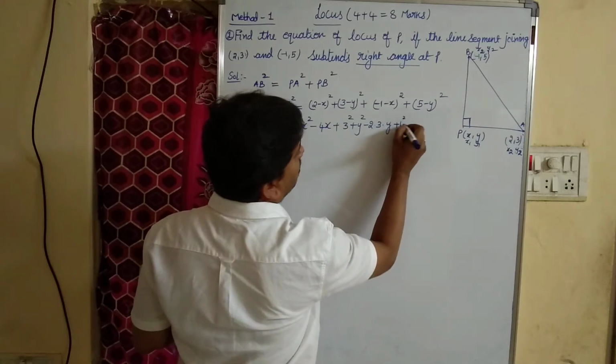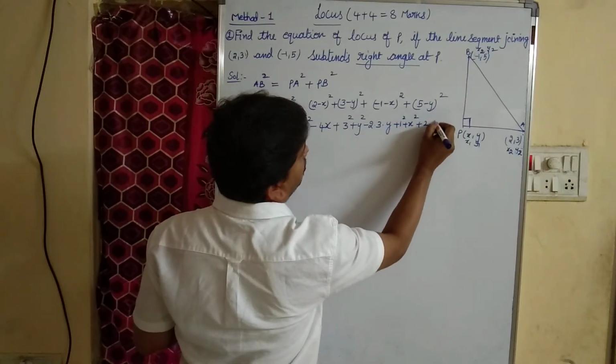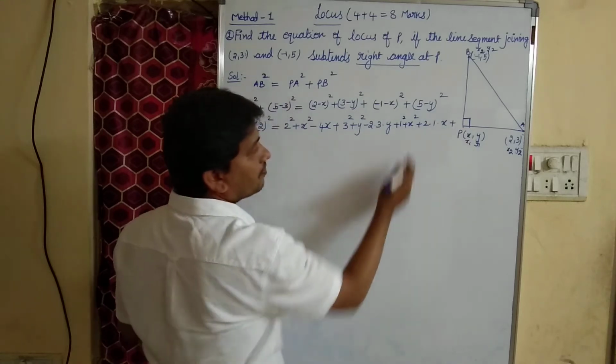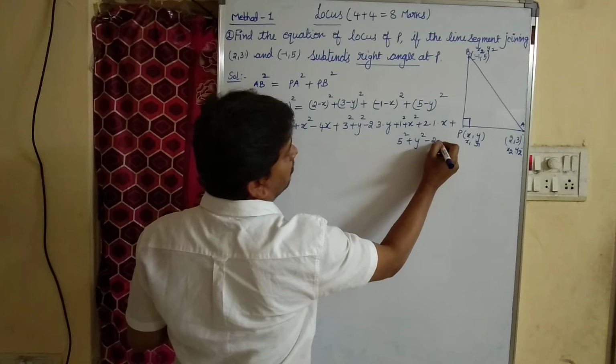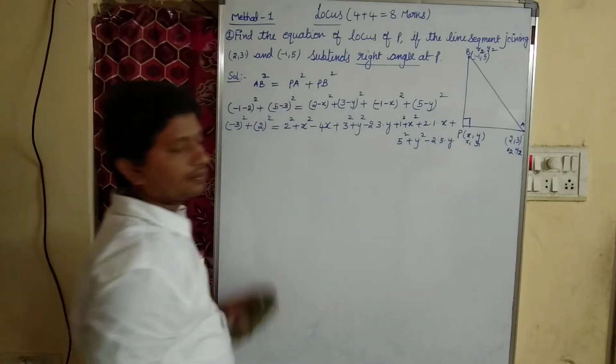Now this will become the a plus b whole square formula only. So 1 square plus x square plus 2 into 1 into x, plus 5 minus y whole square: a square plus b square minus 2 into a into b.